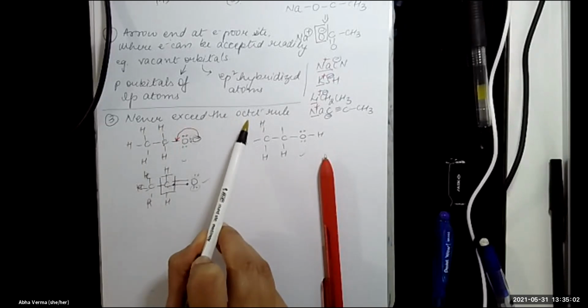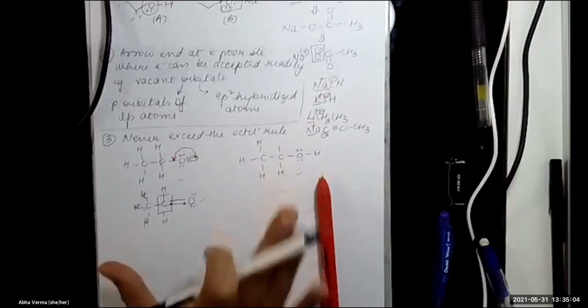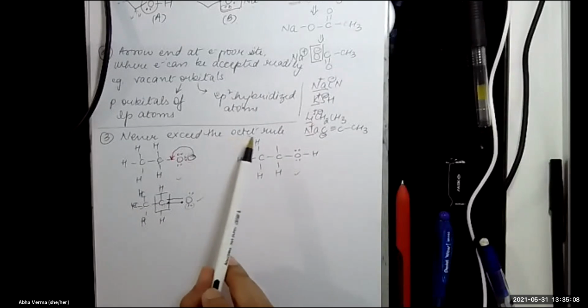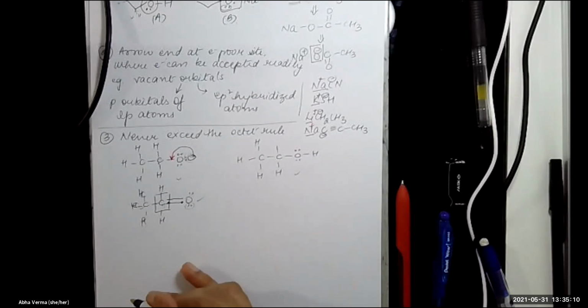Never exceed the octet rule, but we have seen, and Nelson, this might answer your question, we never exceed the octet rule, but if we are falling short of it, that's fine. That is actually allowed. But in this particular example, if we move the oxygen's extra electrons to this carbon, 5 bonds will happen. And that is something that is never allowed.